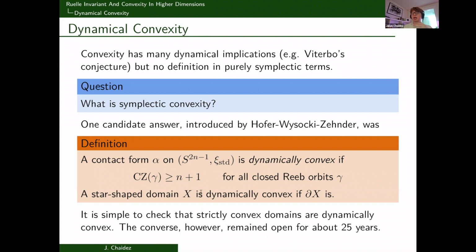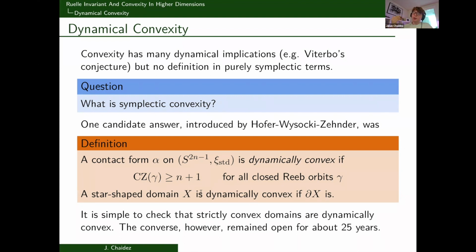Convexity has a lot of dynamical implications, for example this Viterbo conjecture that I alluded to earlier. But there's no definition in purely symplectic terms. So there's no answer to the question, what does it mean for something to be symplectomorphic to a convex domain in purely intrinsic symplectic terms.